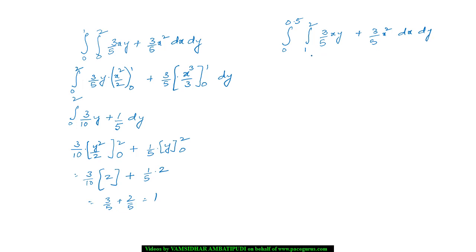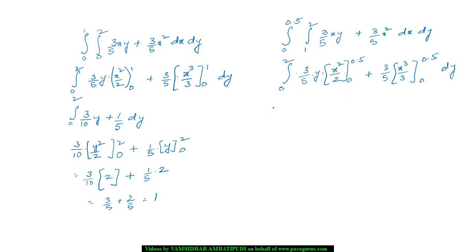So solving with respect to x first, y will still remain here, 3/5 y into x²/2. X²/2 is evaluated between 0.5 and 0. Plus 3/5 into x³/3 evaluated between 0.5 and 0, dy.